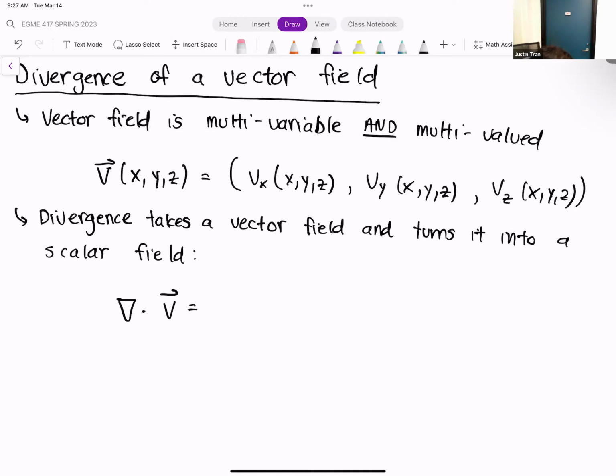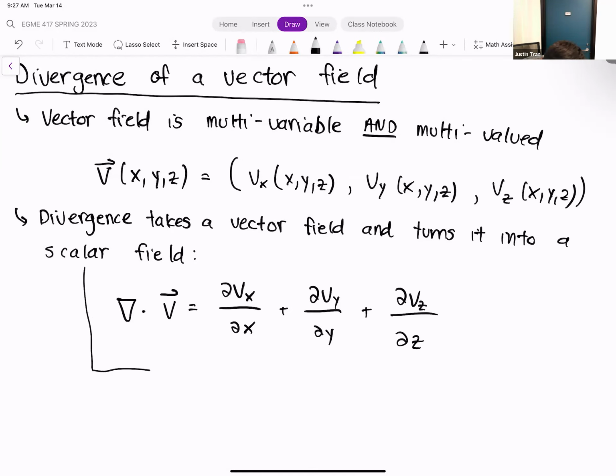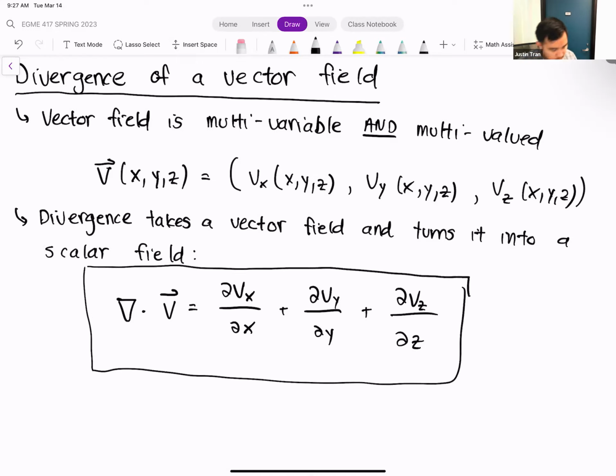So we have partial Vx partial x, plus partial Vy partial y, plus partial Vz partial z. And so you take each component of the vector field, you take its respective partial derivative, then you add them up together.